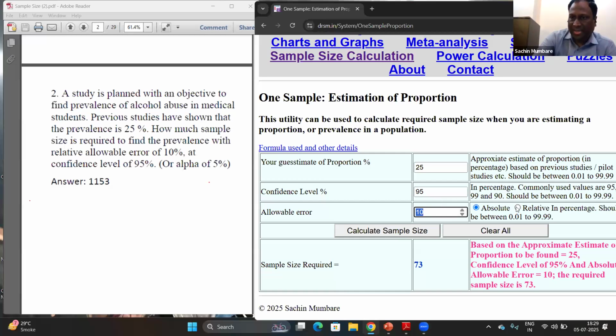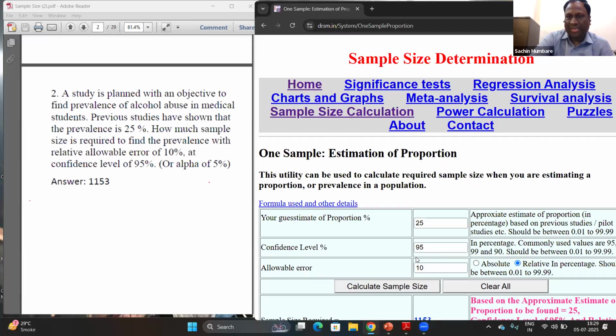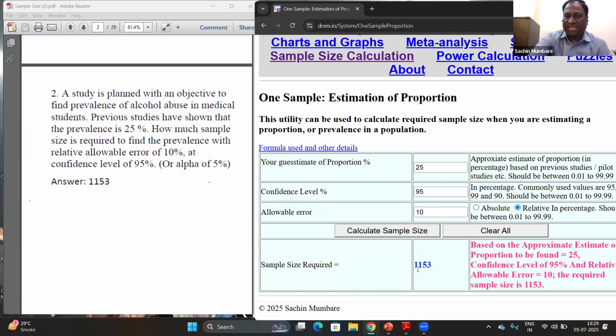So we'll select here relative, because in this example we have given the allowable error as relative, and we'll click calculate sample size. Now the sample size required is 1153. Now we'll cross check. We have already seen that the relative allowable error of 10 is exactly equal to how much absolute allowable error? 2.5.